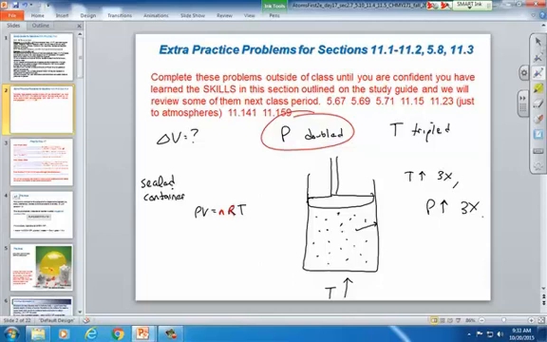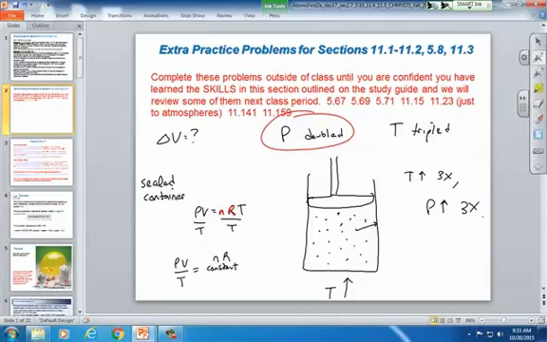So if I rearrange the ideal gas law and get them on the same side, just divide both sides by the temperature, I've got PV over T equals a constant, because it's equal to N times R, and N is not changing in this specific example, and R is a constant, so it's not changing.